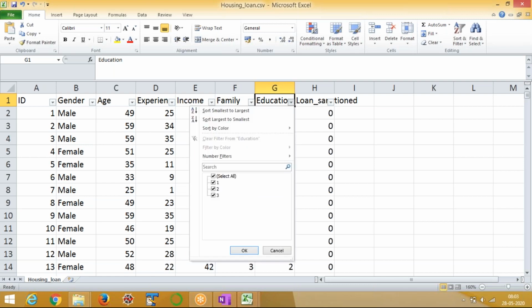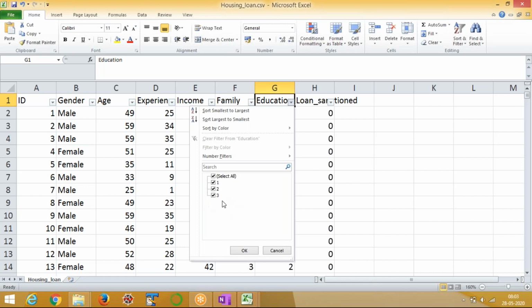Education is mentioned as 1, 2, 3. It is like the level of education: basic, intermediate or higher level of education. This is classified data, yes, but I am not sure exactly what 3 means. Is 3 the higher level of education, or is 1?